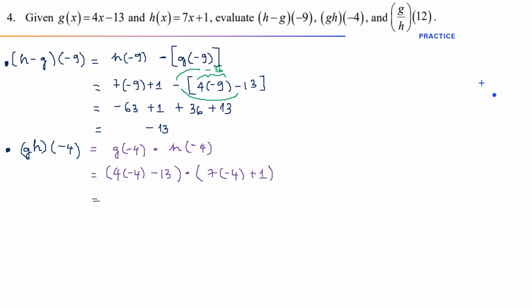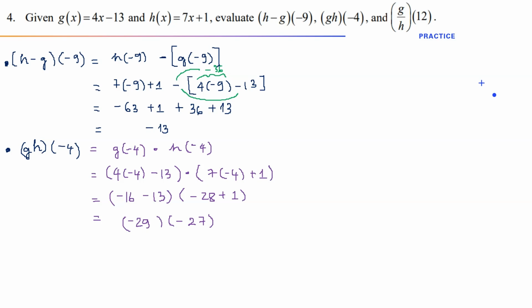So we have 4 times negative 4 is negative 16, minus 13. 7 times negative 4 is negative 28 plus 1. Negative 29 multiplied by negative 27.